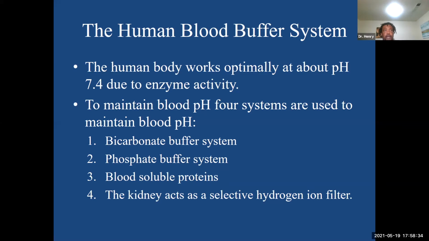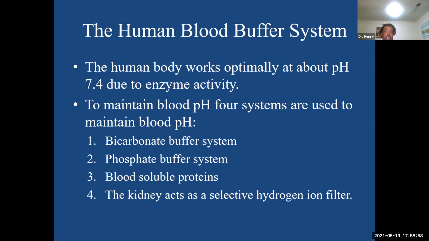And so we also have the phosphate buffering system, because a lot of our nucleic acids use phosphates, and also ATP, adenosine triphosphate, uses those phosphates. So we have a lot of inorganic phosphates around to help buffer our blood system. We also have blood-soluble proteins that help in that regard.